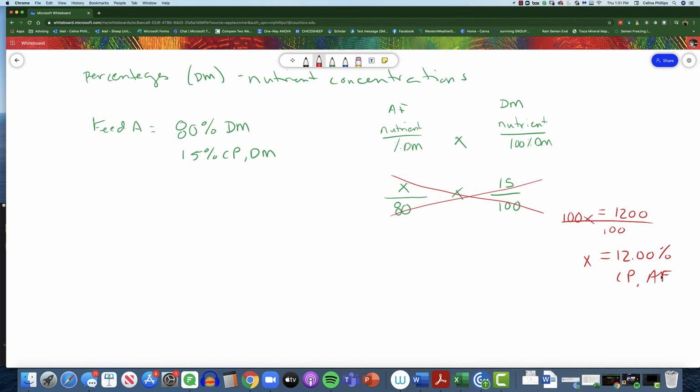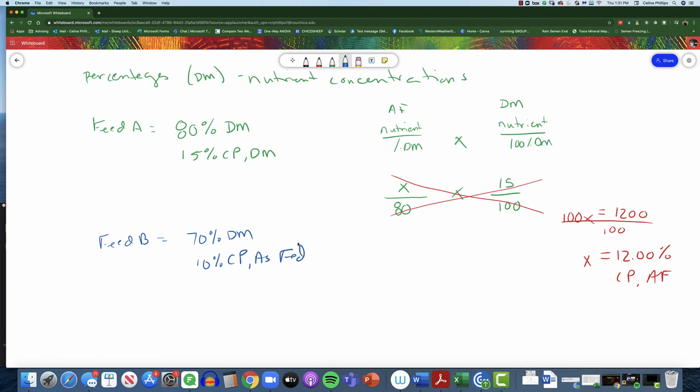Now, we could flip this scenario around where, say, we have our second feed, feed B, and we know that that feed is 70% dry matter. However, on this feed, we know that it's 10% crude protein as fed.